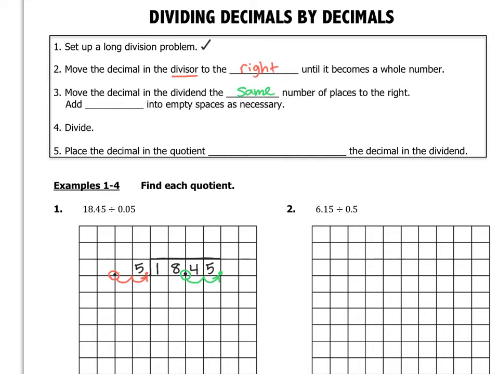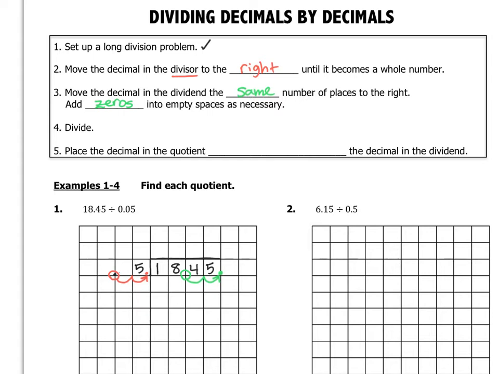So now I'm going to erase that decimal point from being between my 8 and my 4. If you need to, you can add zeros into any empty spaces in your dividend as necessary. So if we had to keep going with this decimal point, we could have just added zeros here in these spaces. And so now we're ready to divide.